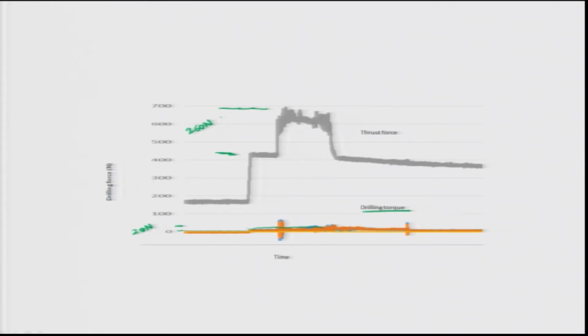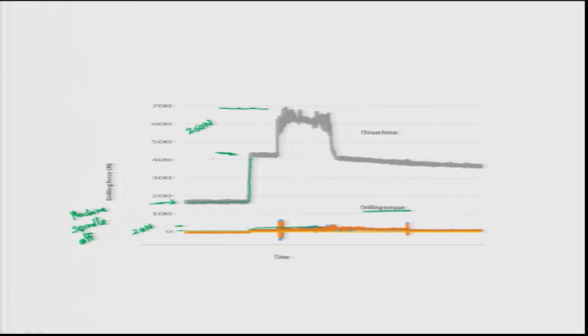What is happening here essentially is that at this point the machine spindle is off, that is why the force is constant here. At this point we just switched on the machine spindle.